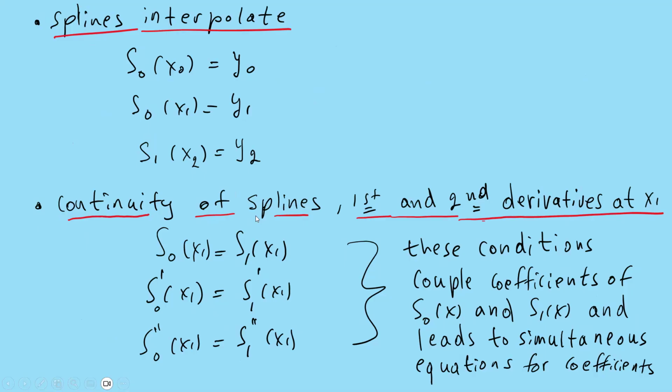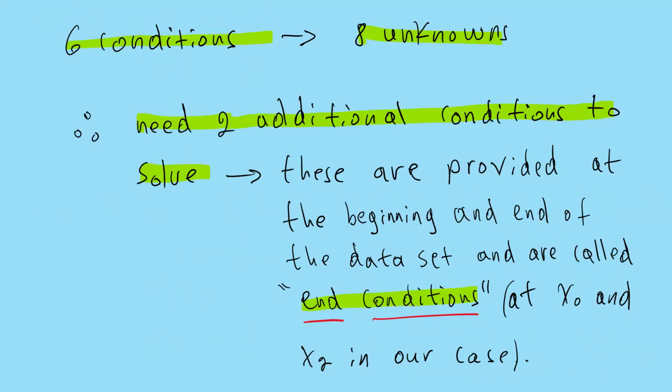Now we have six equations, but we have eight unknowns, eight coefficients. So we need two additional conditions to solve the system.